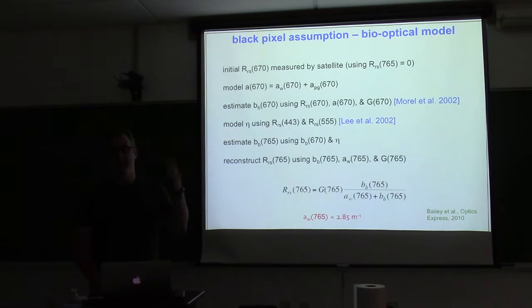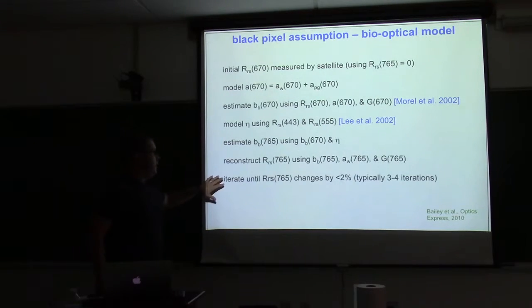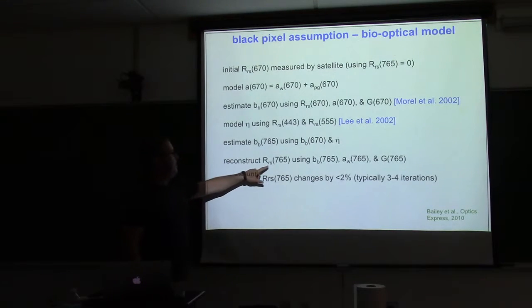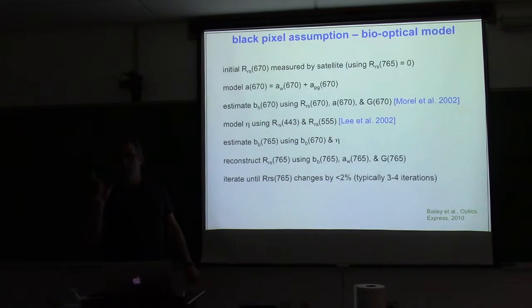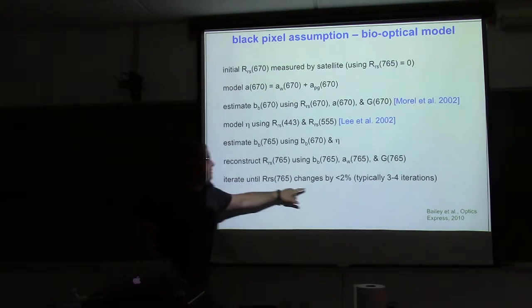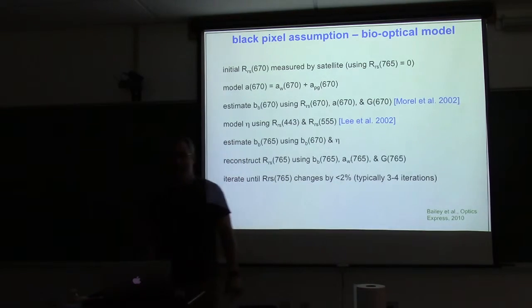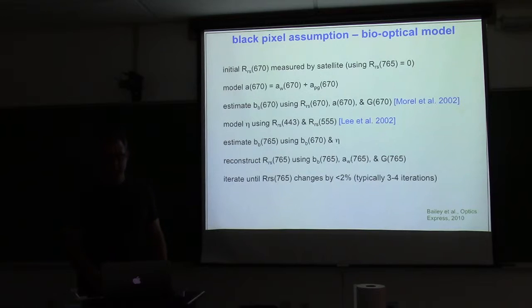Not nudging it in one way or the other is not going to be important. And then this process iterates. So now we have an Rrs at 765 that we can subtract from what the satellite has measured. And then we can repeat the atmospheric correction process and this process inside of it until this value stops changing, which usually takes 3 to 4 iterations, okay?